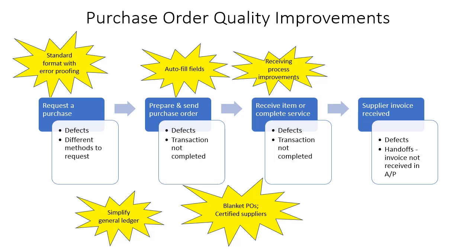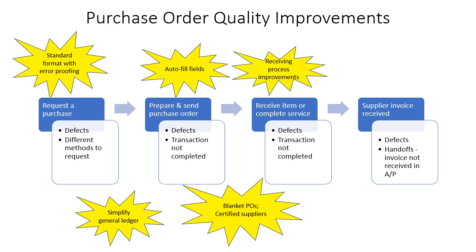In terms of receiving inspection, you may have to dig a little deeper to understand why certain transactions are not completed. I've seen in a few companies where many people receive and then they pass the paperwork along to one person for entering.